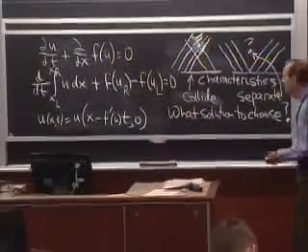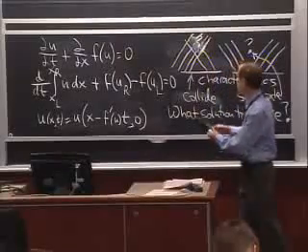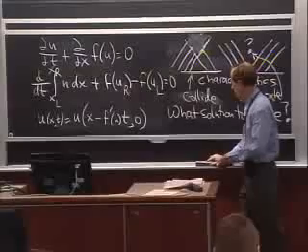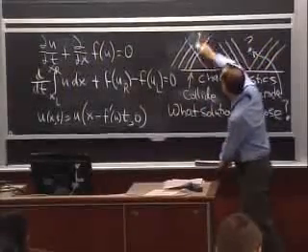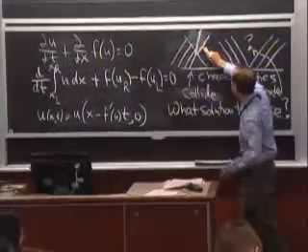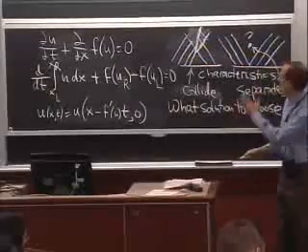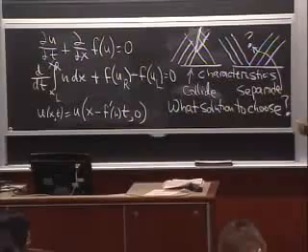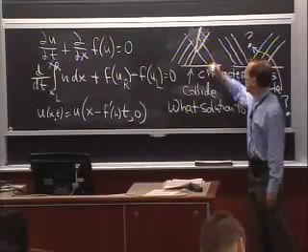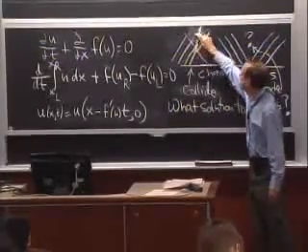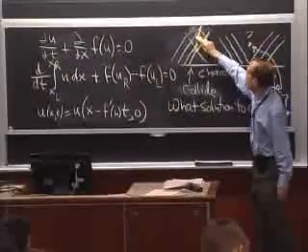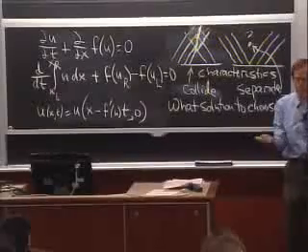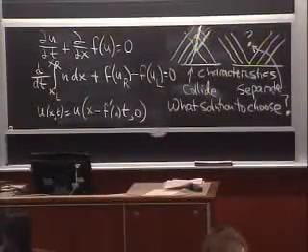So what will happen is a shock will form. There'll be a shock line, so that these characteristics carry information into the shock, by the way. That's a big deal. Up until they hit the shock, these characteristics carry their information, and across the shock we have different values, u on the left and u on the right.